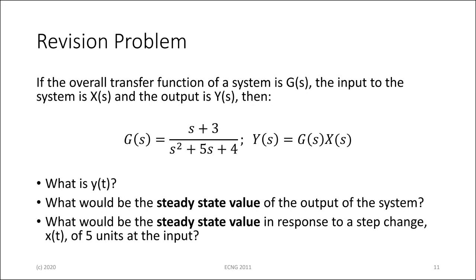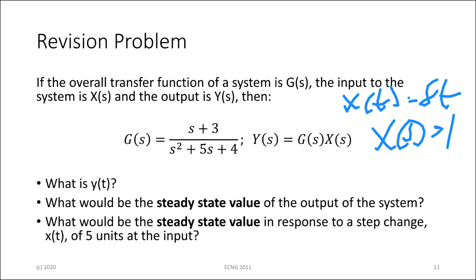In this case, I think this was poorly written here, if the input is 1, in other words, if x(t) is delta(t), meaning that X(s) is 1, then Y(s) is G(s).